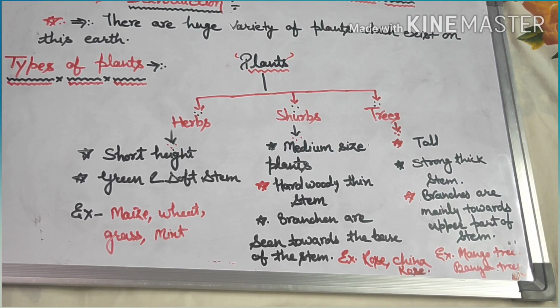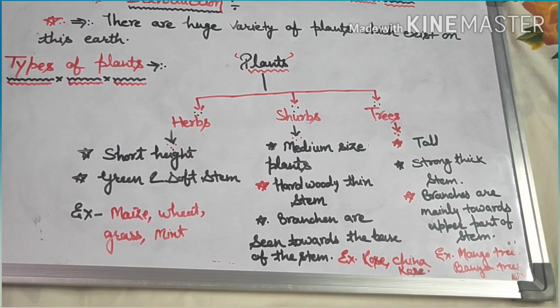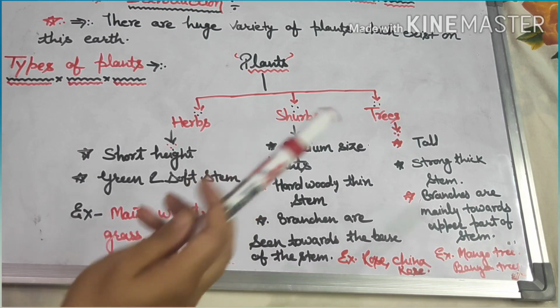Now the next one is trees. You all know about trees. Trees are very huge, very tall, and they have a strong, thick and brown stem. In the case of shrubs, you see a thin stem, but here you have a thick stem.